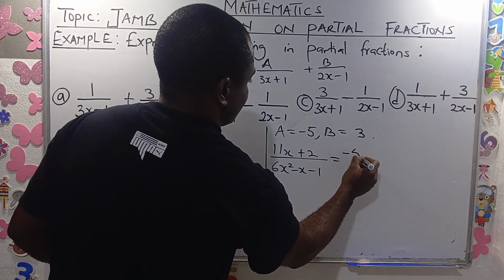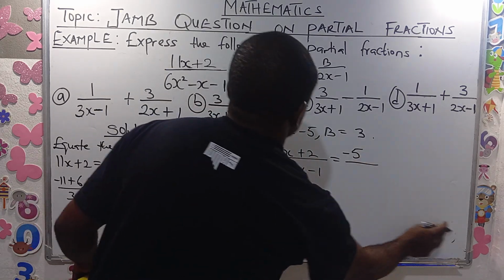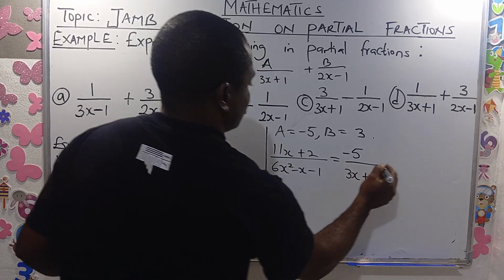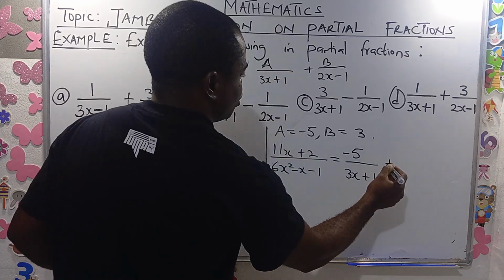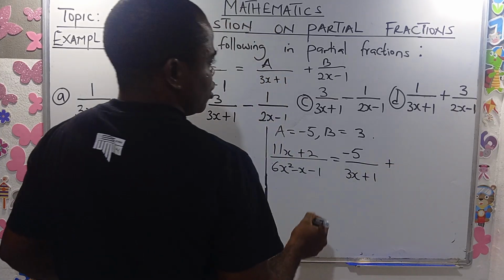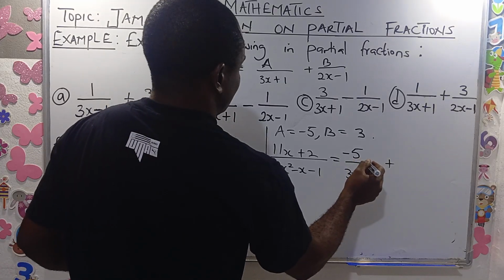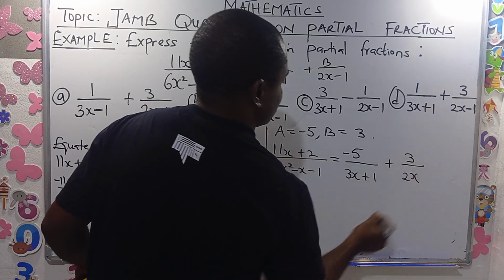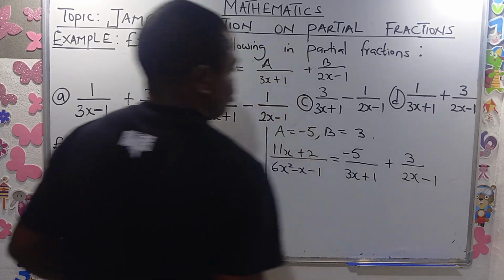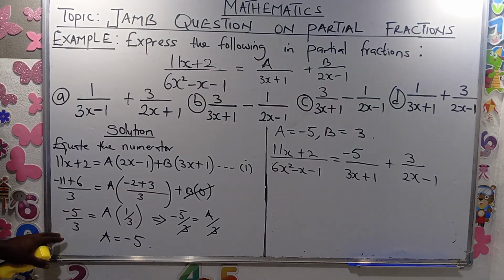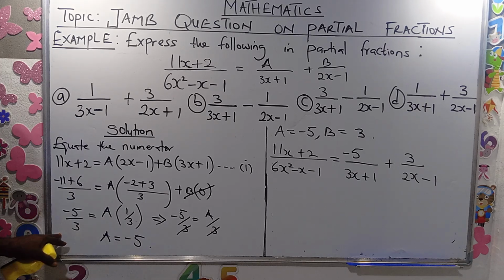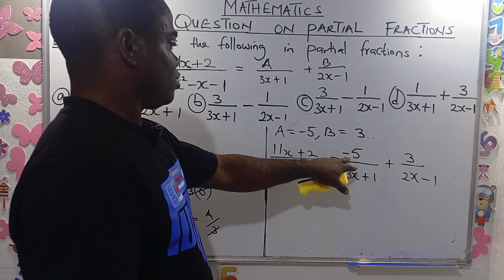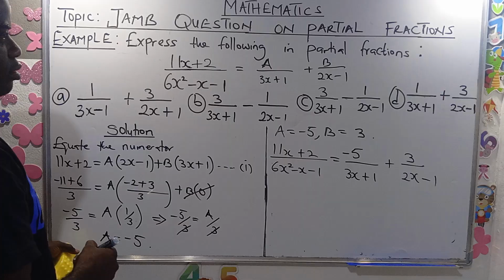Now minus 5 over 3x plus 1 plus B, which is 3 over 2x minus 1. 2x minus 1. Now, since you have a negative expression here, you now interchange it.